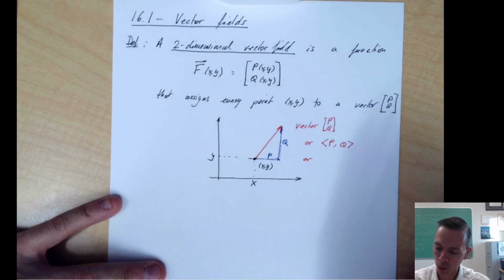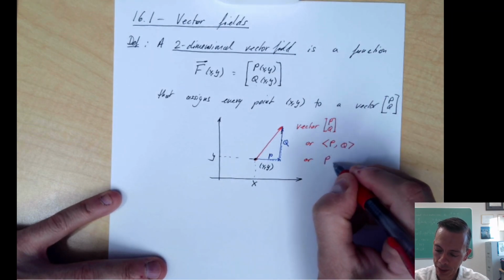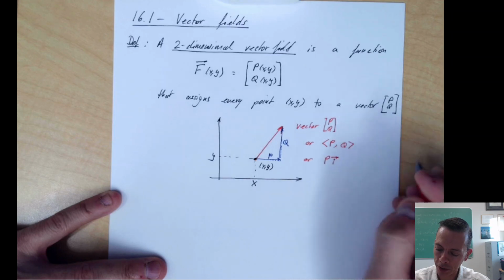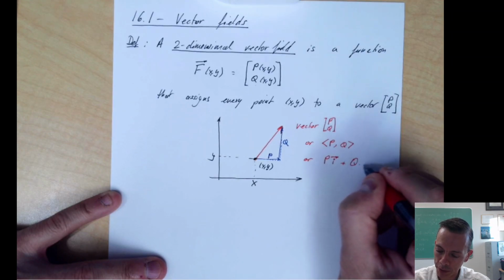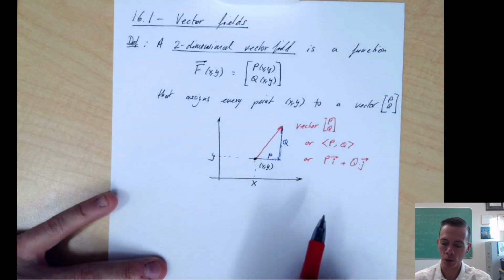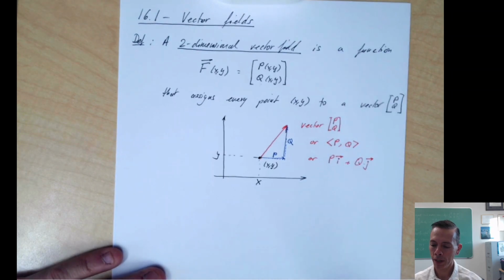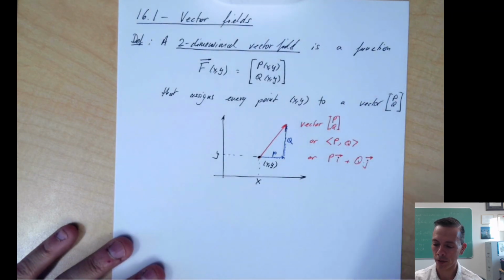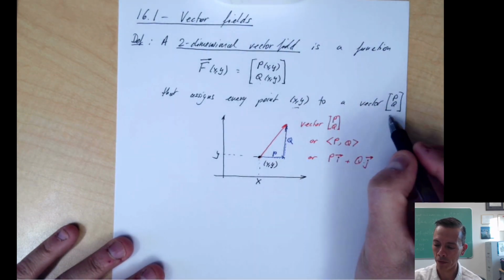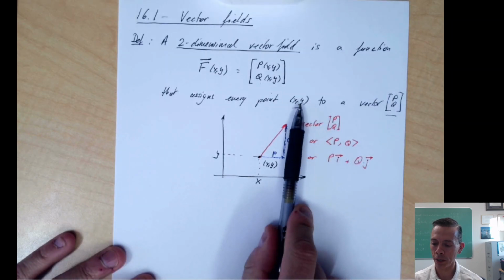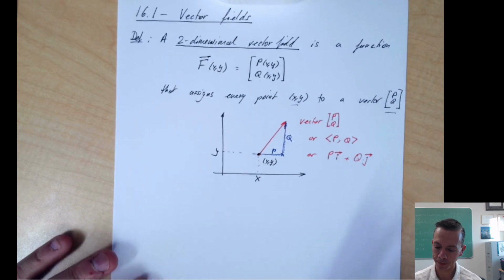Or you can also use Hamilton's notation, p times the unit i vector plus q times the unit j vector. These are all equivalent notations for the vector. It's just important not to confuse the point xy with the vector pq. xy is the input, pq is the output.